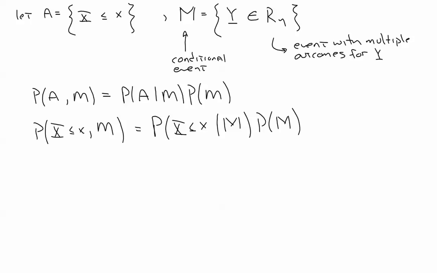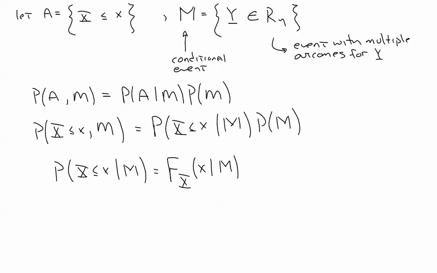Rearrange this a bit, and I get the probability x less than or equal to some unspecified level little x if M. And that now I can recognize as a conditional CDF.